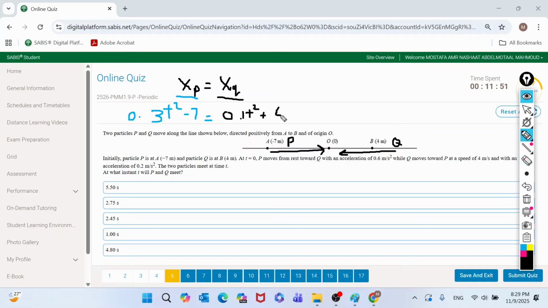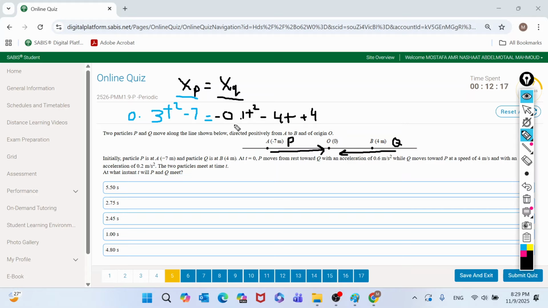Plus 4T. Oh no, -4. Guys, this is -0.1, because it's moving in the negative direction. And it's going to be minus 4T, plus 4.